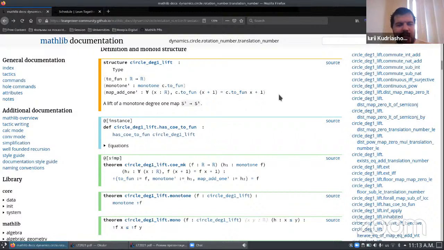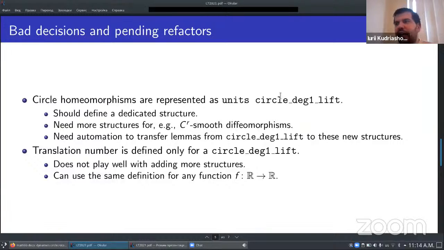A map like this is invertible if and only if it represents a homeomorphism. So various facts are formulated for units of this monoid, but this is not extensible if we want to add lemmas that require, say, smoothness. Anyway, we will need more structures if we want to add more advanced facts, but okay.